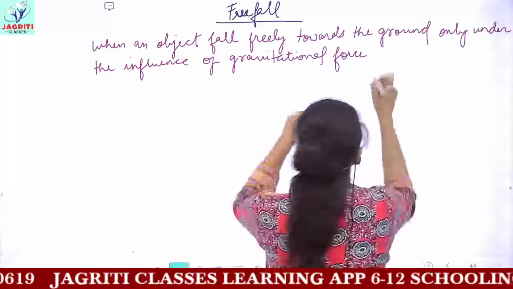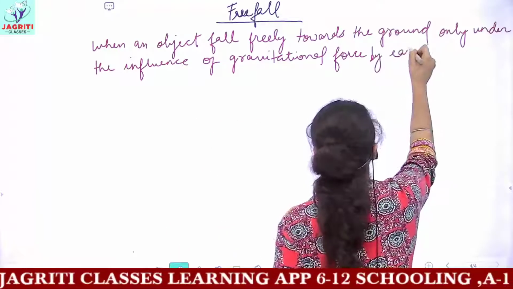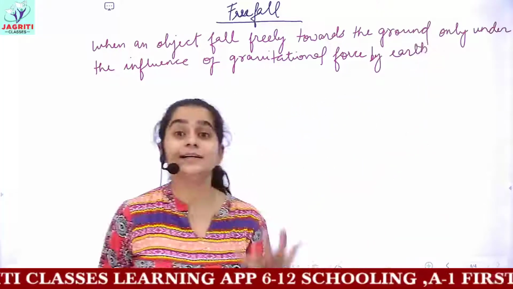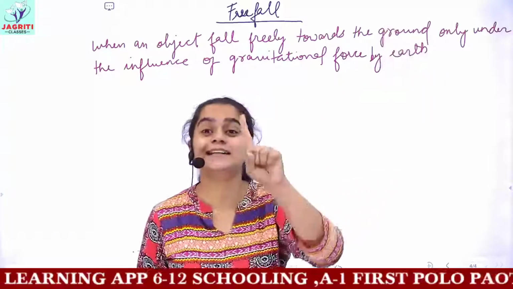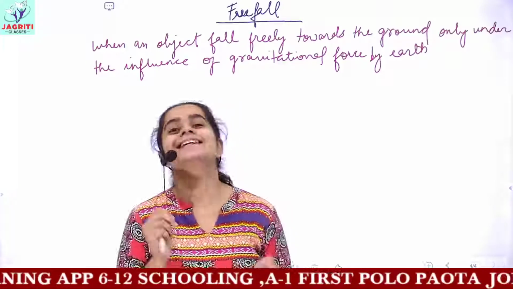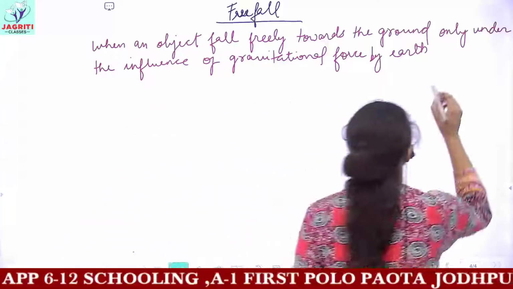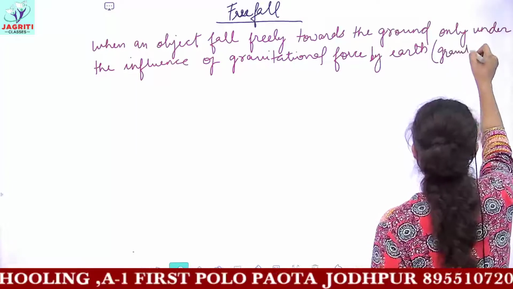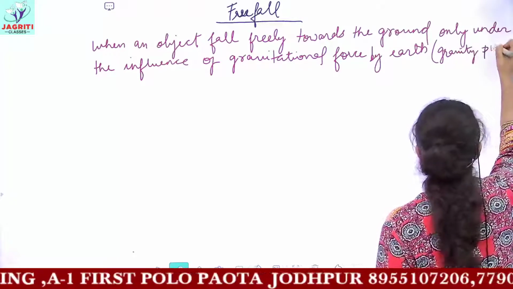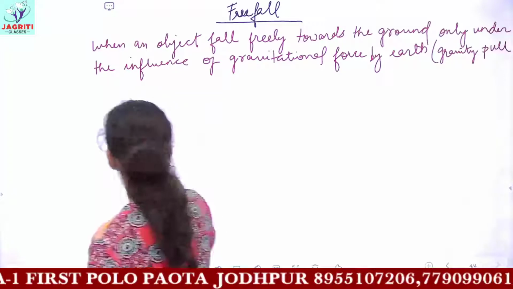And this gravitational force is applied by what? It is applied by the earth. The gravitational force applied by the earth can also be called gravity, correct? So you can even call it the gravity pull or the gravity force of earth.